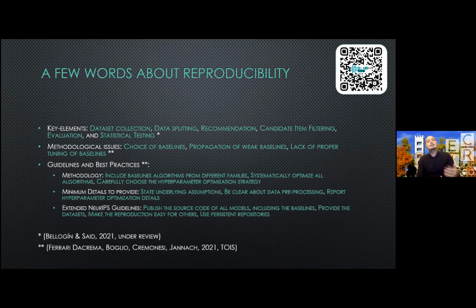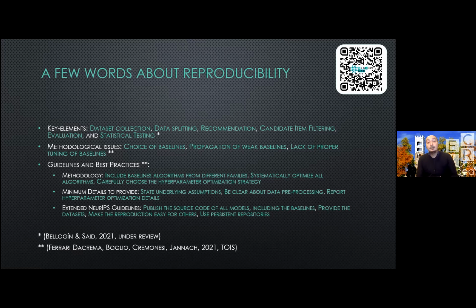They suggest following some very important guidelines. Some of them are derived from the NeurIPS guidelines, like publishing the source code for all the models, and thus including the baselines.